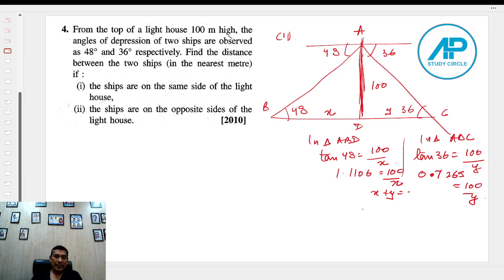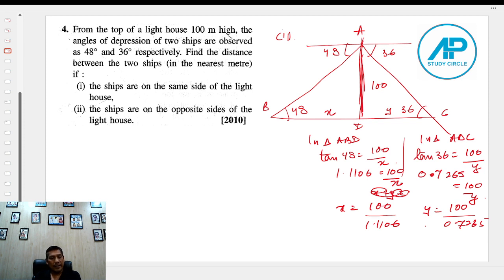So if I say like this, so I'll remove this, x equals to, and y equals to 100 upon 0.7265.